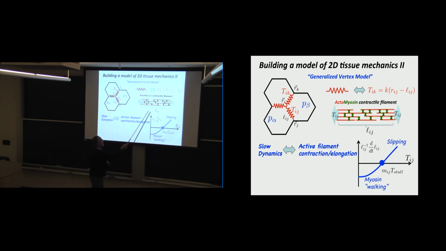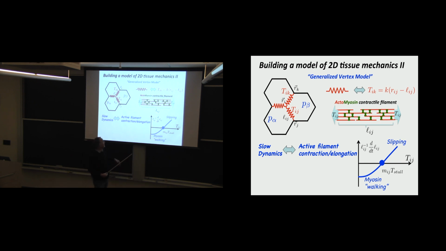Clearly these myosin filaments are not just Hookean springs. One way of thinking how they're not springs is to remember that this rest length is itself a dynamical variable. And in fact, we know that if this filament is underloaded, it's going to contract.